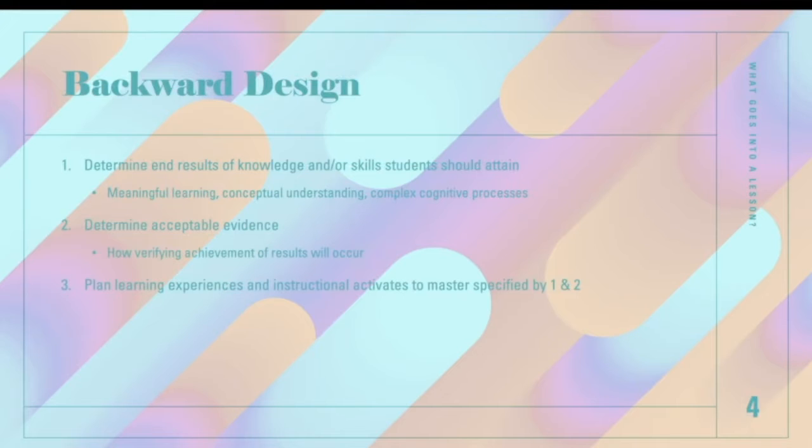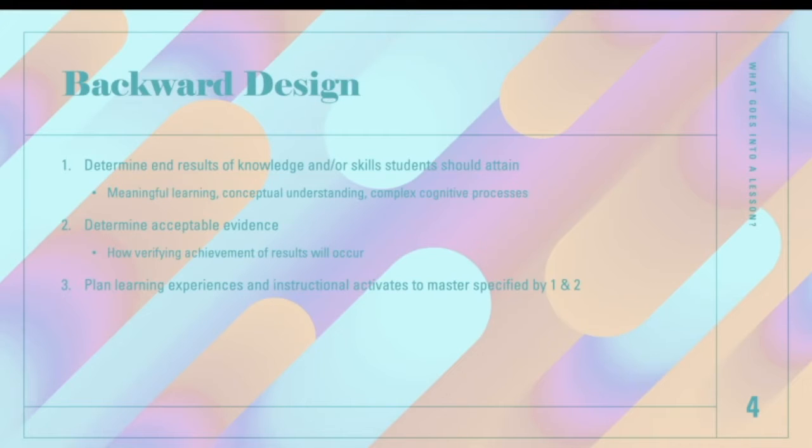So the first way to think about how you want your outcomes to be prevalent in your lesson is to use backwards design. Backwards design, the first step is you determine the end goal. So you're going to determine those goals and objectives and think about what you really want the students to learn.